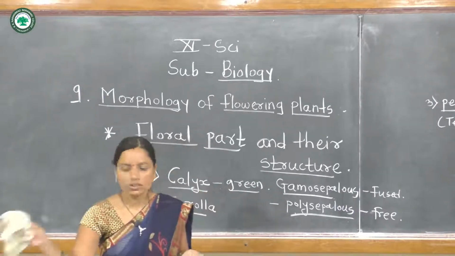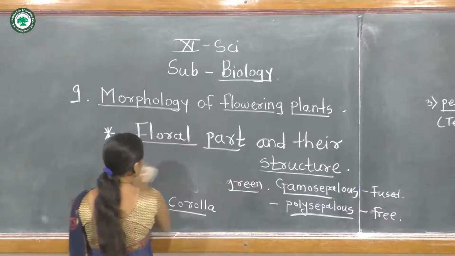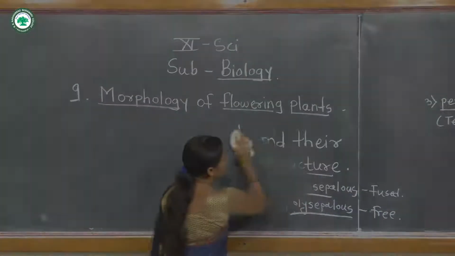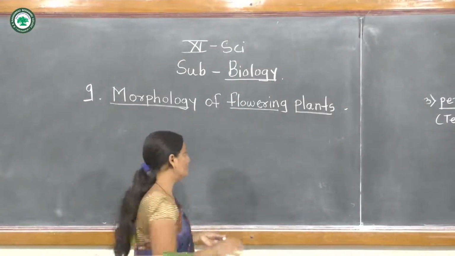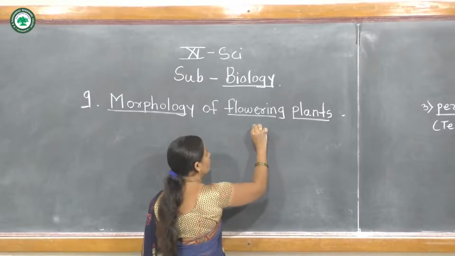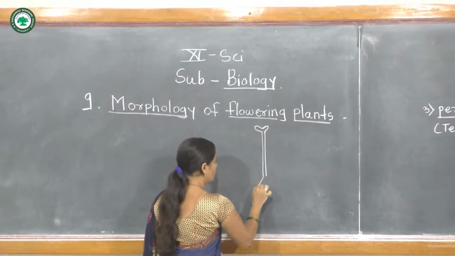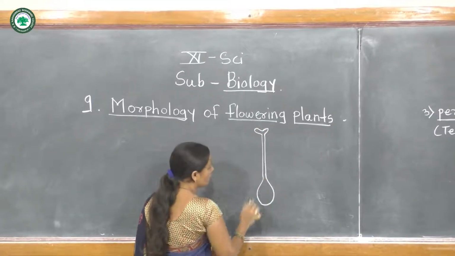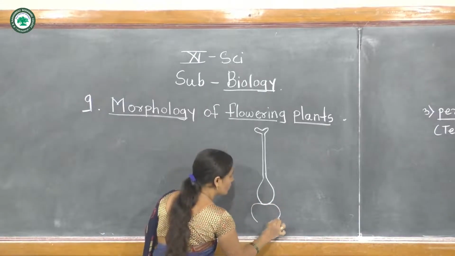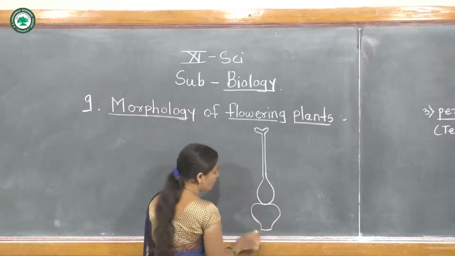Now the diagram shows the floral parts of the flower. The first part is the calyx. This is the structure of the flower. This is the innermost part of the flower. This is the thalamus.